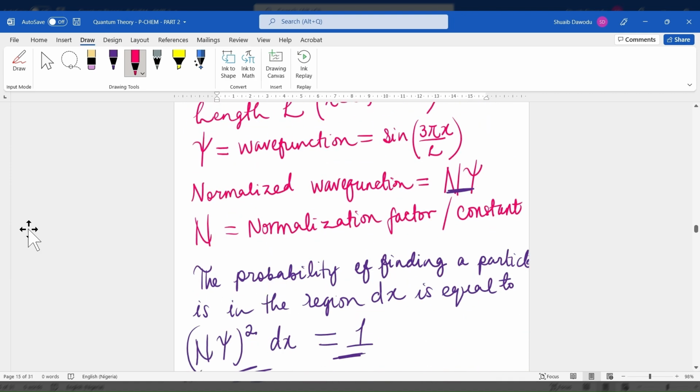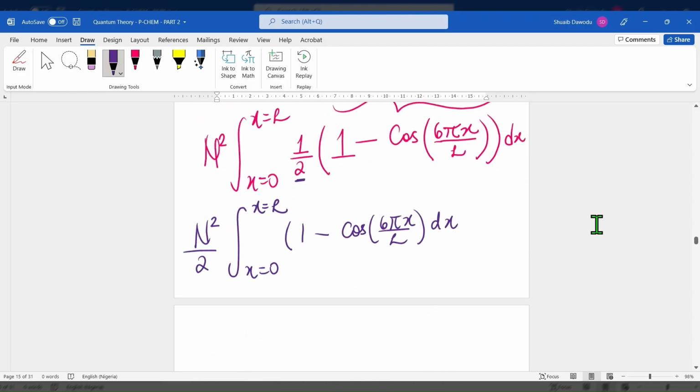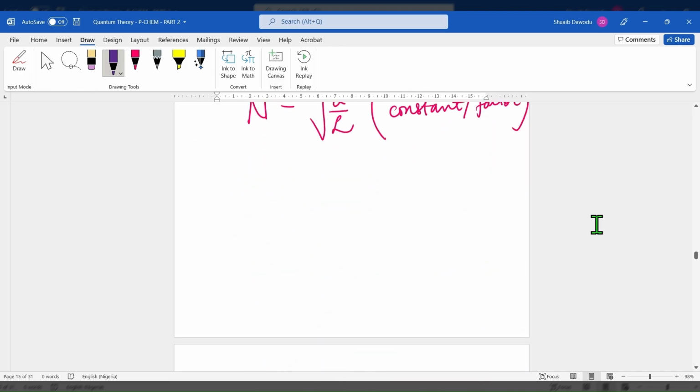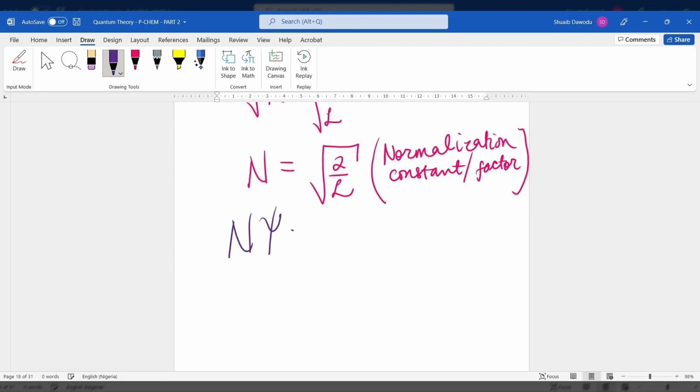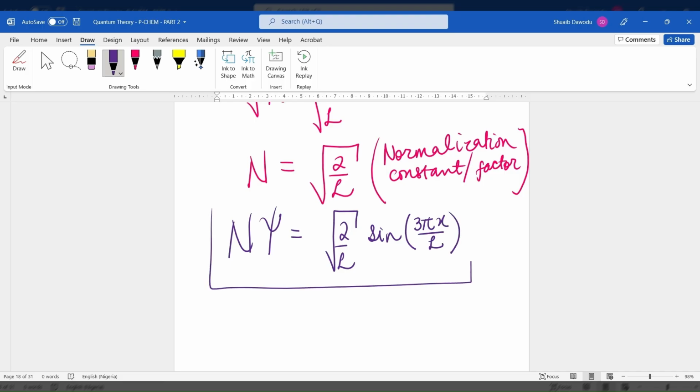So the normalized wave function, as I have explained at the beginning of this video, is just simply n times the wave function. So the answer would be the square root of 2 over L times sine 3 pi x over L. And this is basically the answer to this question.